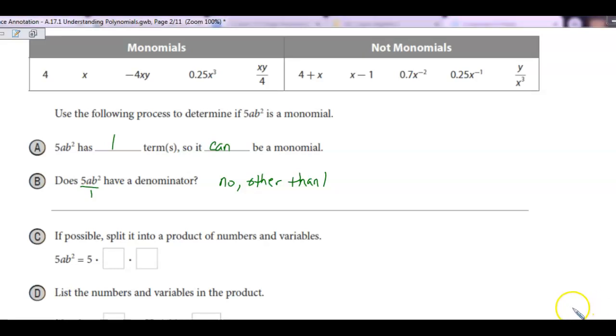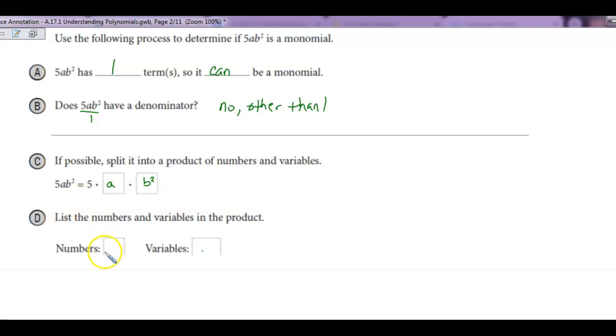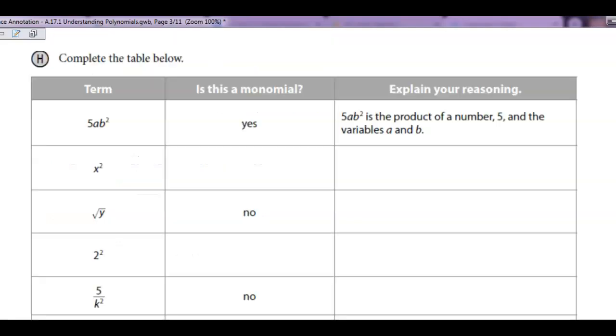If possible, can you split it into a product of the numbers and the variables? Well, we have 5 times a times b squared, so yes, we can split it into a product of numbers and variables. And can you list the numbers and the variables in the product? The number is 5, and the variables are a and b squared.